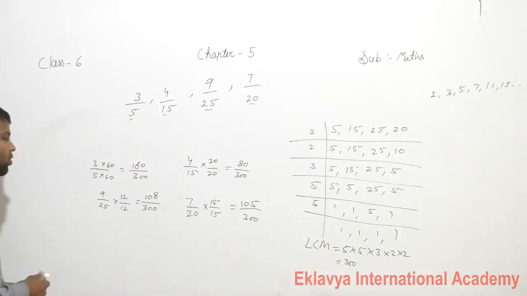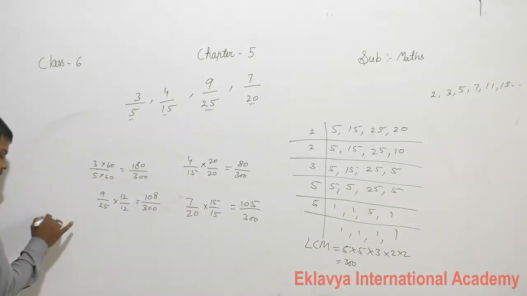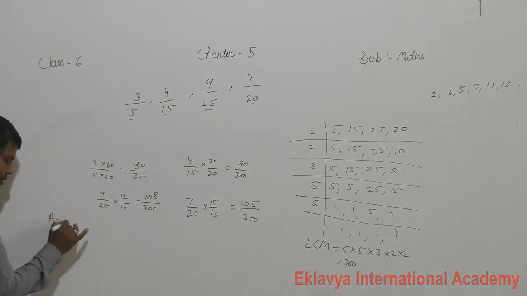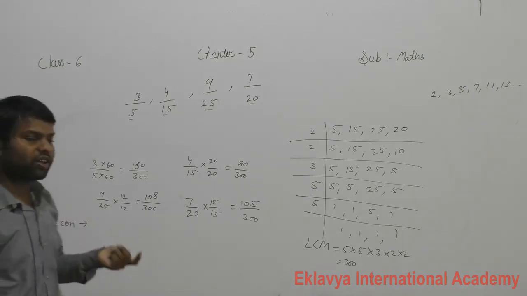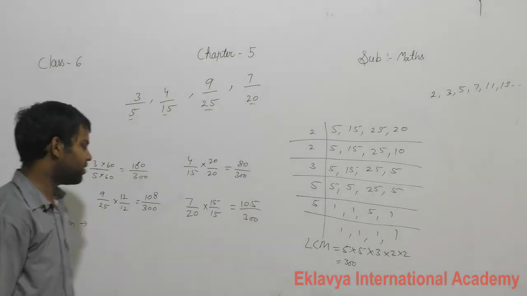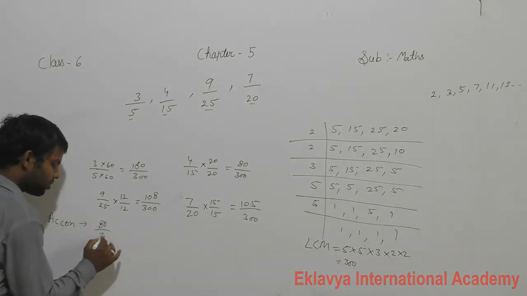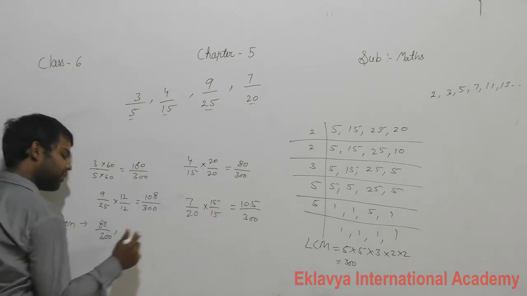If we want to arrange in ascending order, first we write the lowest value. Here 80 is the lowest value, so we write 80 upon 300. Then after that 105.